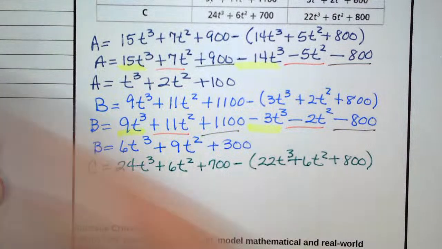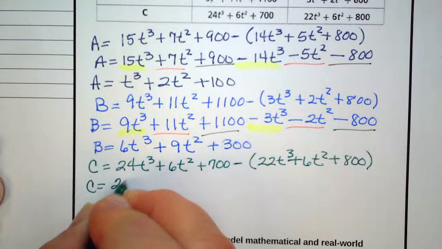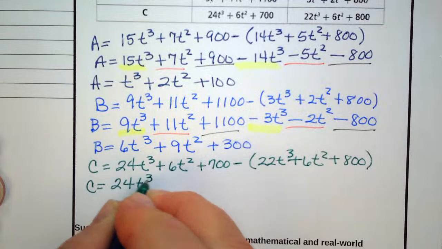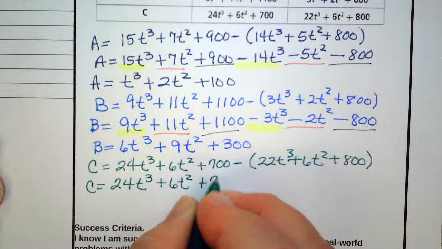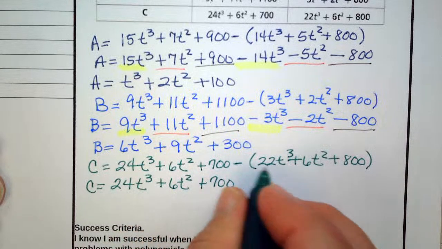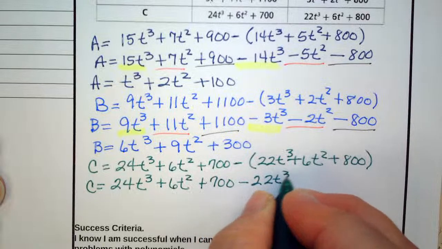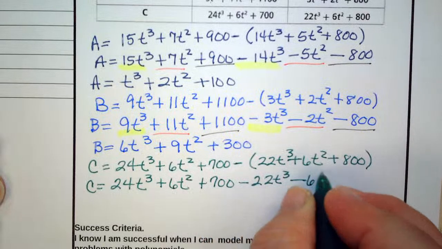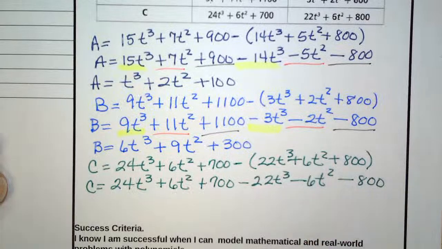Distribute your negative sign, multiply by -1. C is equal to 24t to the third plus 6t squared plus 700, then minus 22t to the third minus 6t squared minus 800.